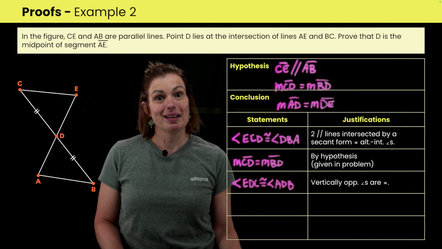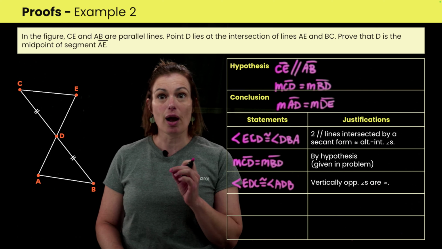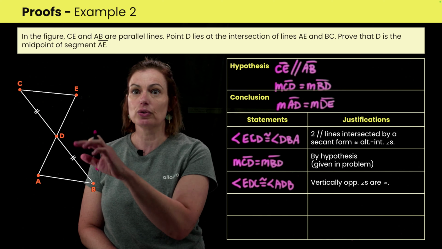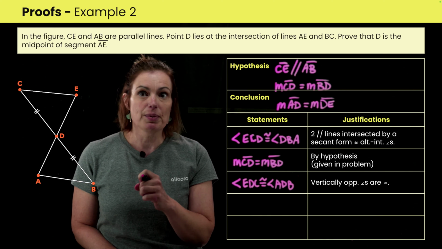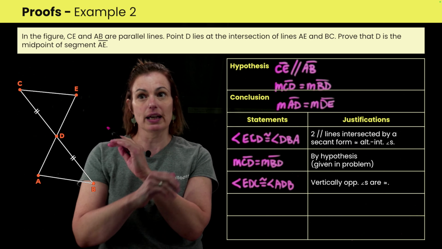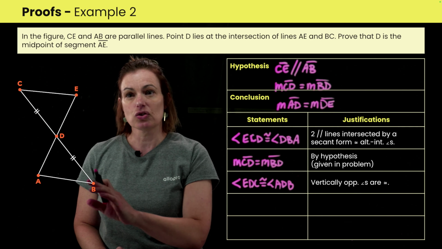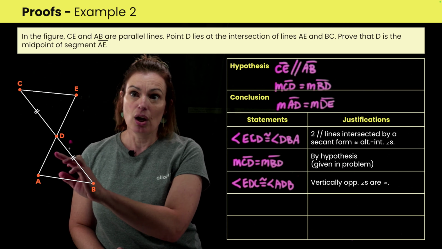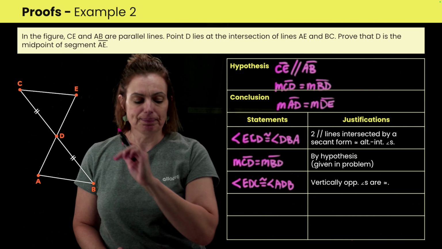I know this because if I have vertically opposite angles, they're going to be congruent to each other. Vertically opposite angles occur when you have two straight lines crossing each other like that. So CB is a straight line and it is intersecting with the straight line AE.